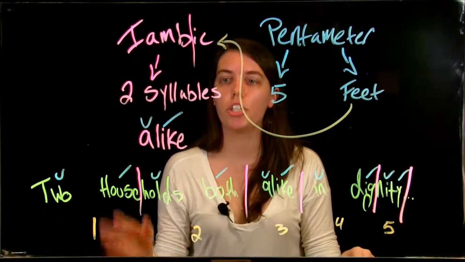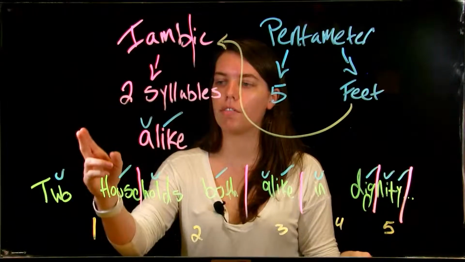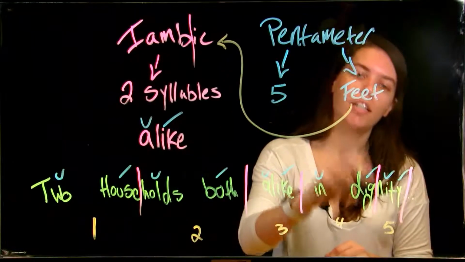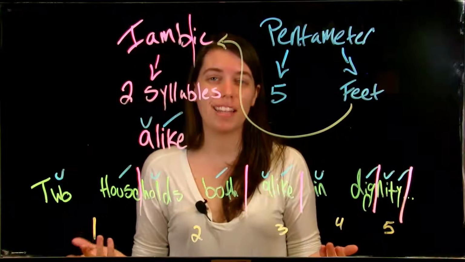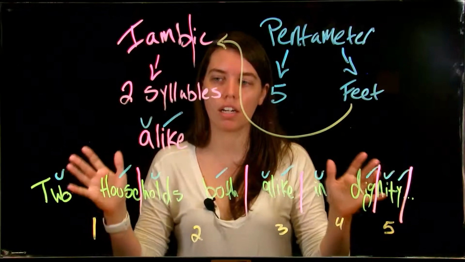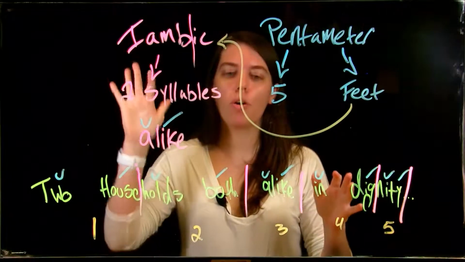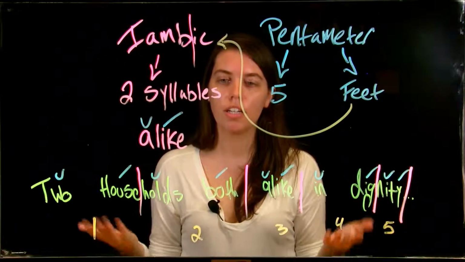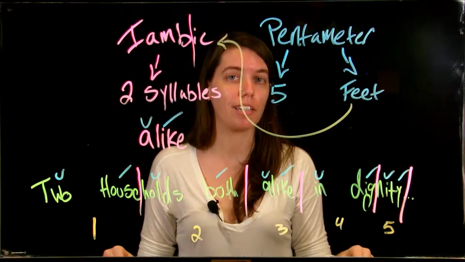Then you break it up into unstressed, stressed. The best way to do it is use your hands like a five-year-old and just sing-song it. Ten. Perfect. You've scanned your first line of Shakespearean verse.